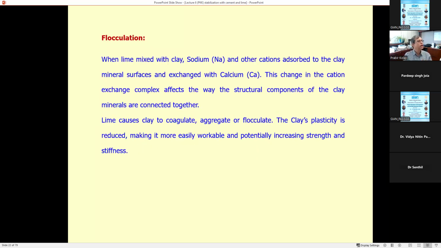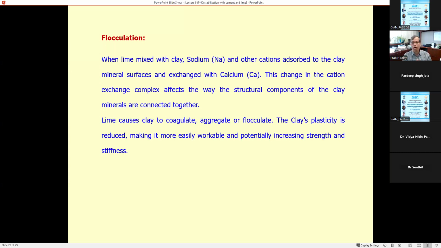So, hydration, then flocculation. When mixed with clay, sodium and other cations are absorbed by the clay. Again, you need to know that clay has negatively charged particles, what the different minerals present are, and what type of clay you are talking about, whether it is 1:1 clay or 2:1. Depending on that, ion exchange and isomorphous substitution may take place. This change in the cation exchange complex affects the way the structural components of the clay minerals are connected together.